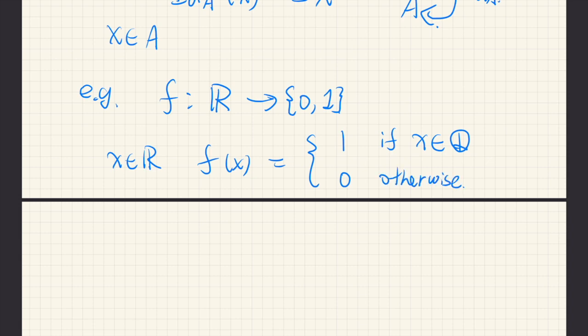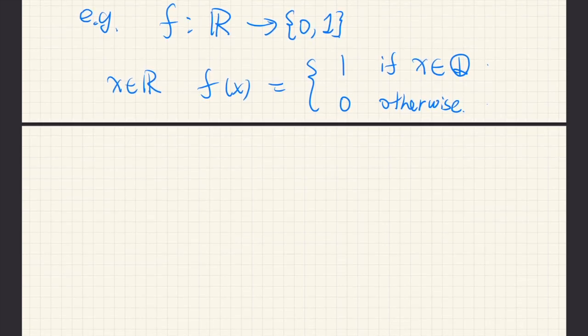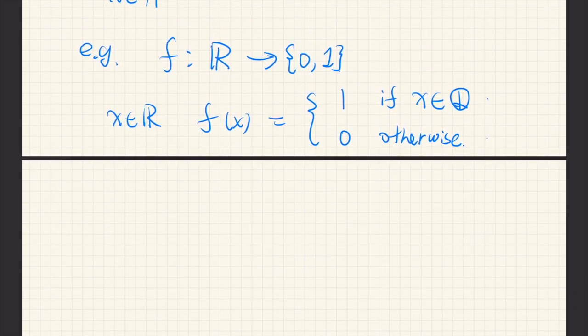That means f of x is 0 if x is irrational. So this is also a function, although it is a very ill-behaved function, but still it's a valid function. And so we can define a function in this way, using cases.